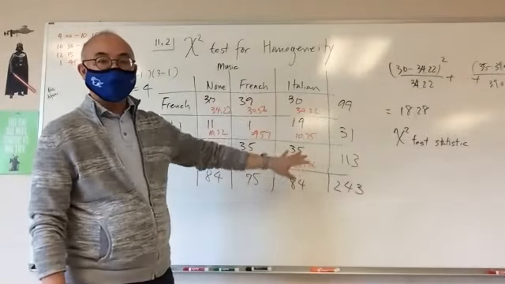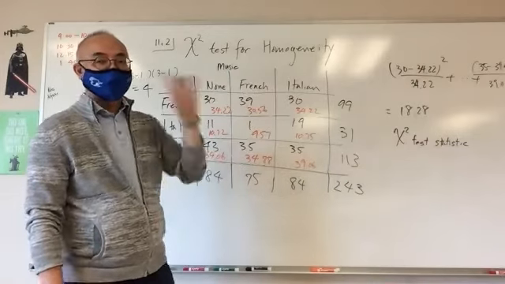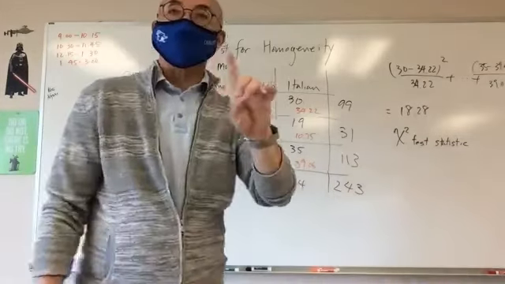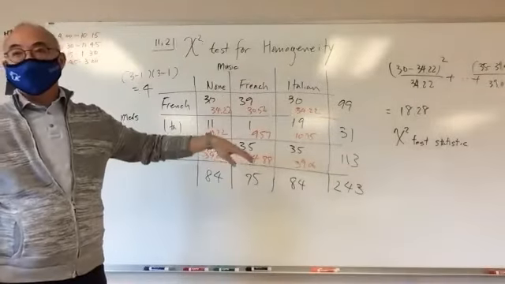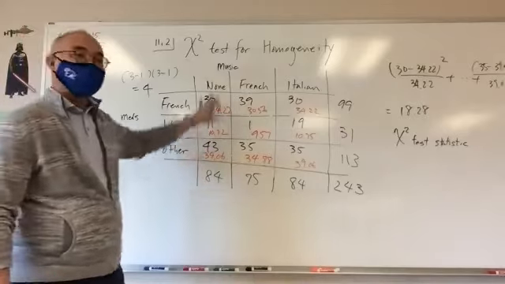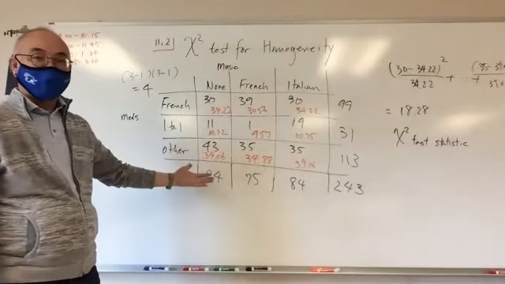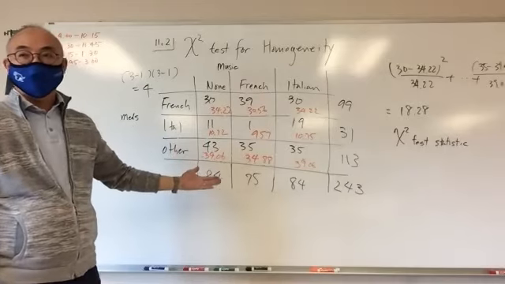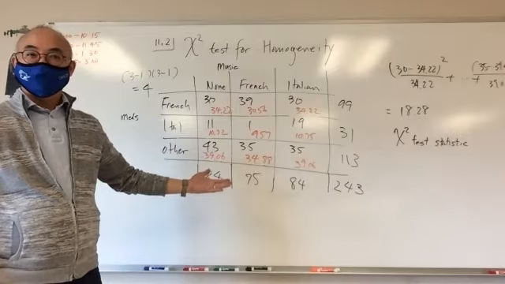How do you think this is going to work in your calculator? So in the calculator, remember when we did the chi-square goodness of fit, we had L1 and L2, right? Because we had observed and we had expected. Except now I have to input a complete table. So how would I do that?